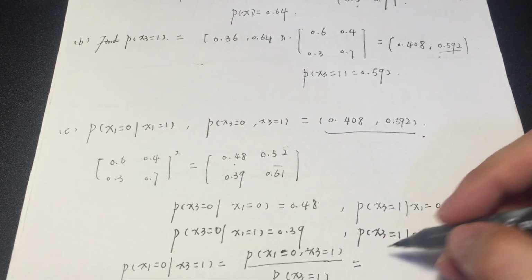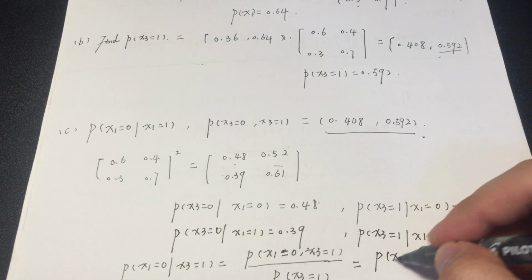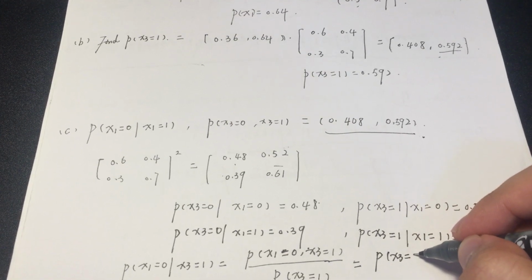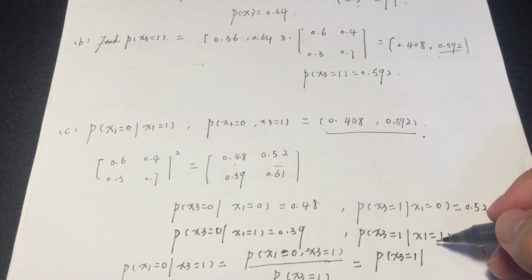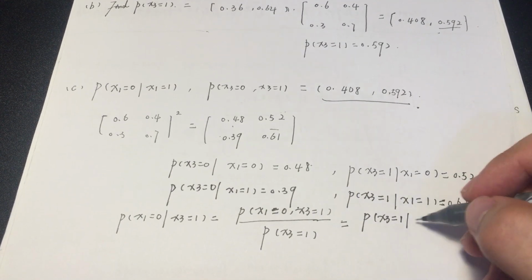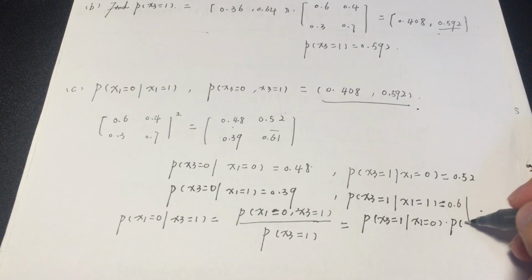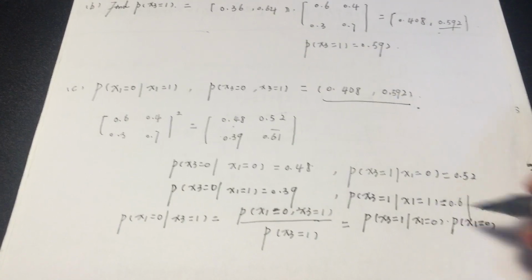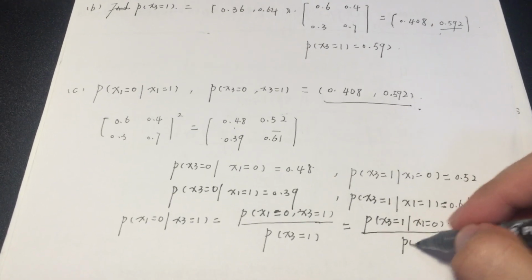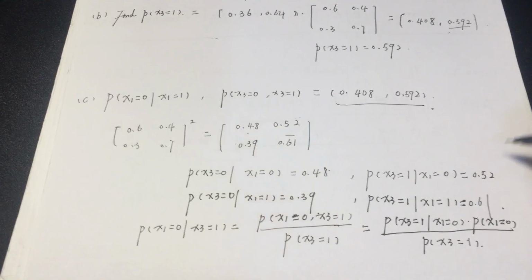We can transform the upper part into another form. It means P(x3 = 1 | x1 = 0) multiplied by P(x1 = 0), over P(x3 = 1).